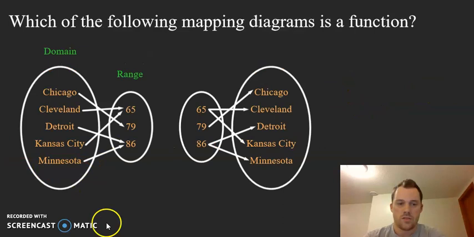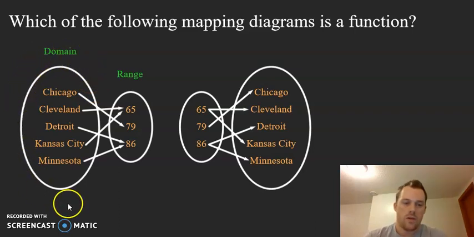Well, if we put that together as a mapping diagram, we see that we already defined our domain to be the teams and the range to be the number of wins they had. Now, because this is in order, the arrows are kind of all over the place. I could rearrange this so that the arrows look a little neater and it's easier to read. But you see, each element in the domain goes to only one element in the range.